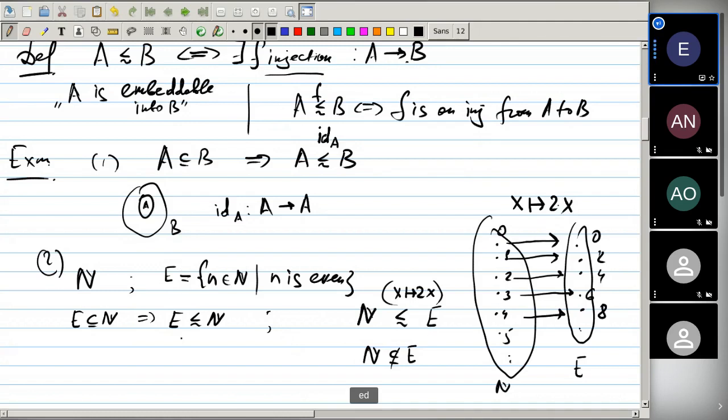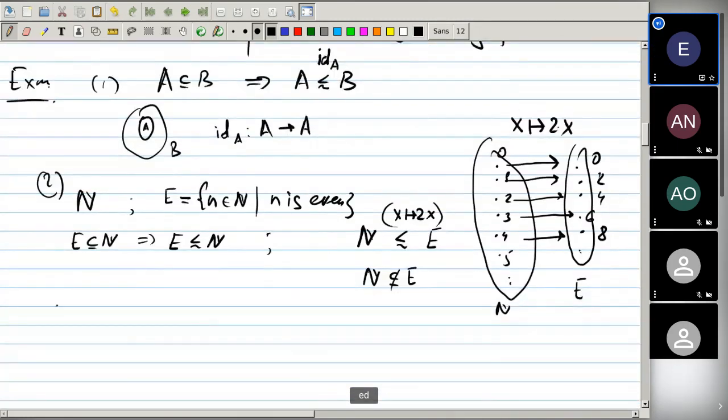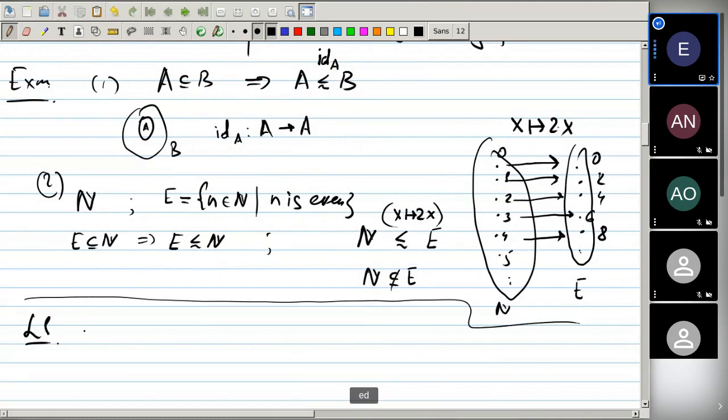So N has no more elements than E. It has no fewer elements than E, but indeed, of course, they have the same number of elements, but we will discuss this point a little bit later. First, let's prove the following lemma.